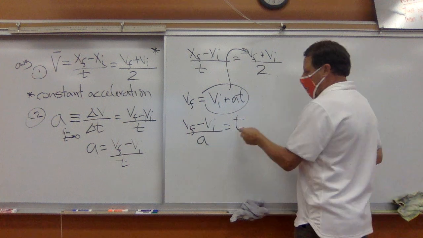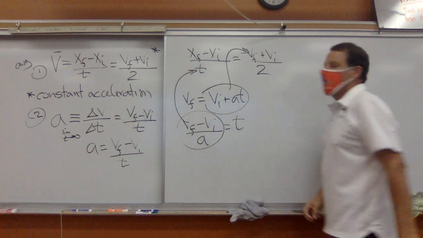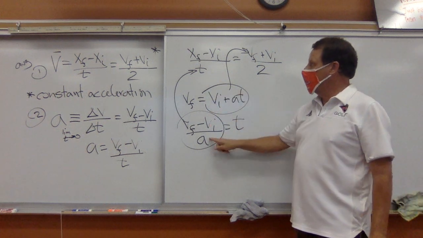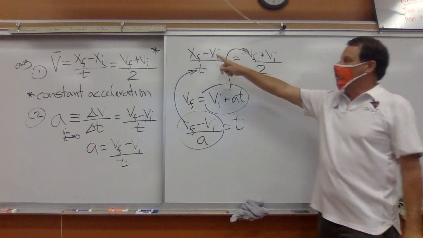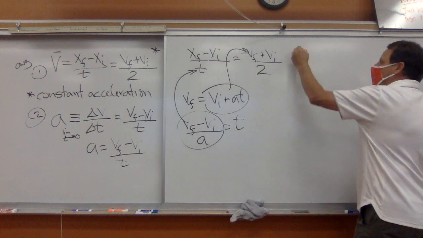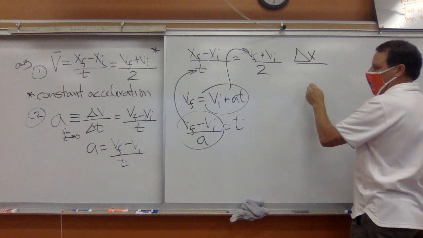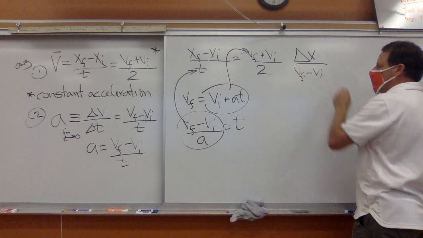Now, wherever I see t, I'm going to replace t with this. Just to make it a little simpler, I'm going to call that delta x. So I'm going to have delta x over v final minus v initial over a.